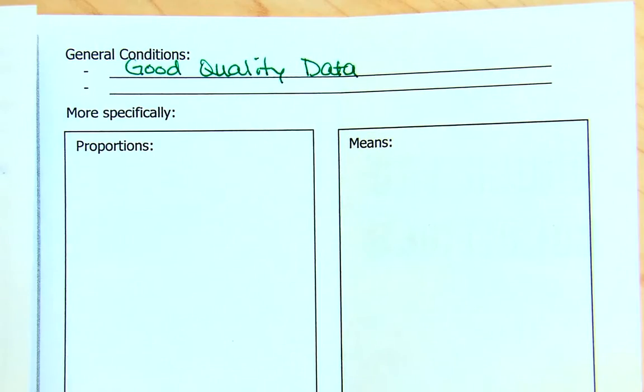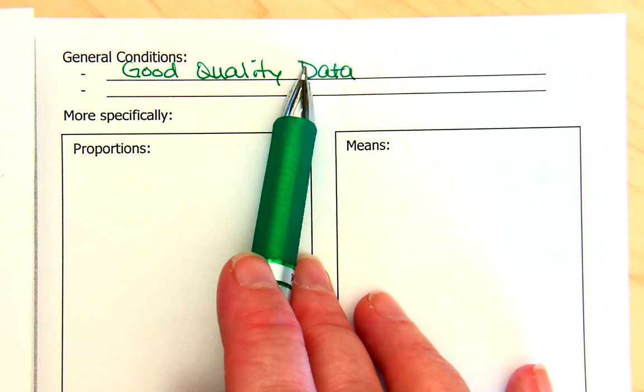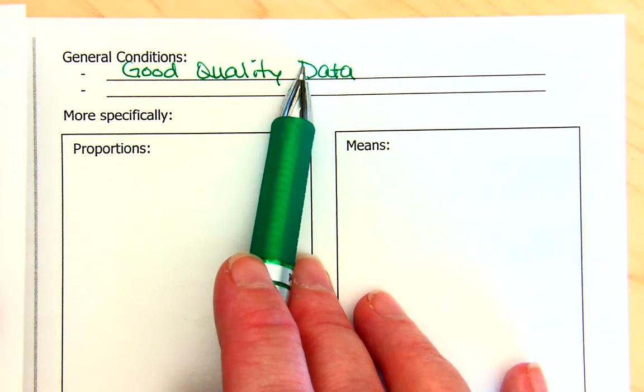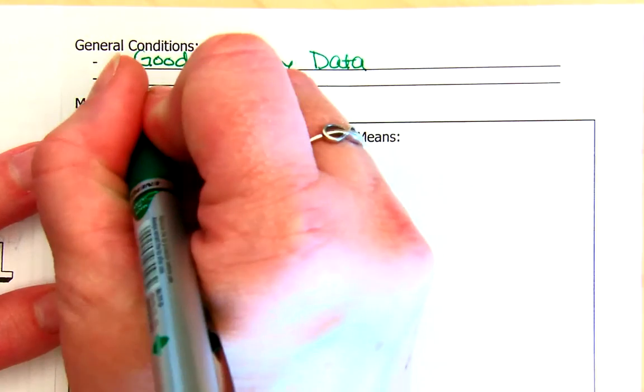So we want either a random sample or a random assignment, or we want them to tell us it's representative of the population. If they say this sample is representative of the population, that meets this condition. Okay, so you'll see one of those on your practice problems where it says it that way. So, good quality sample, and then a large enough sample.